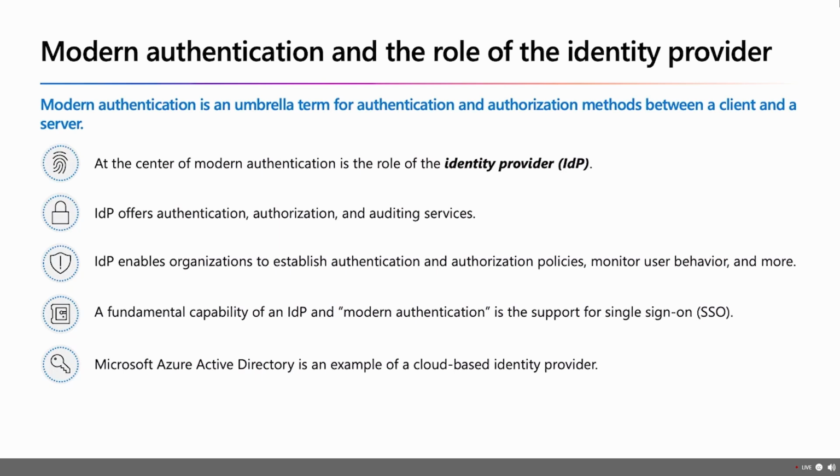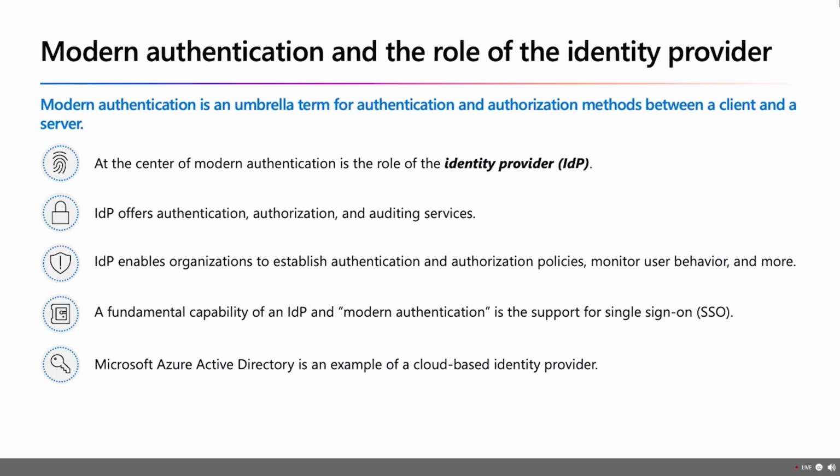Another fundamental capability of an identity provider and modern authentication is the support of single sign-on. With SSO, or single sign-on, the user logs in once and that credential is used to access multiple applications or resources.